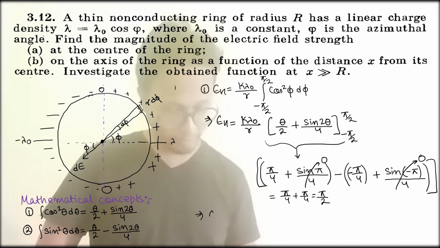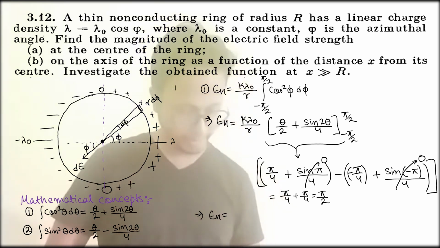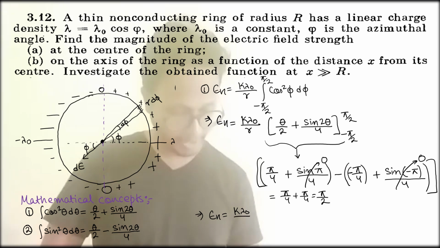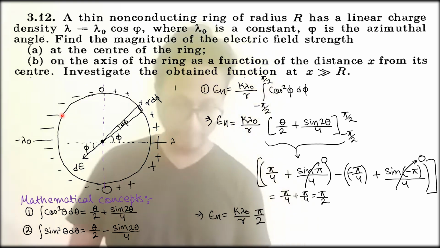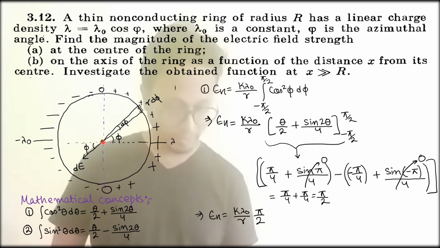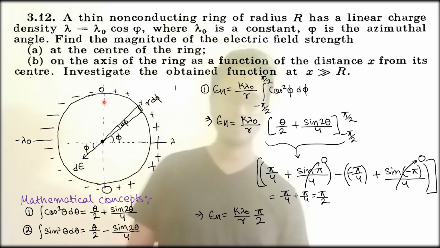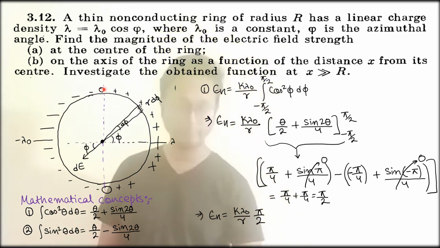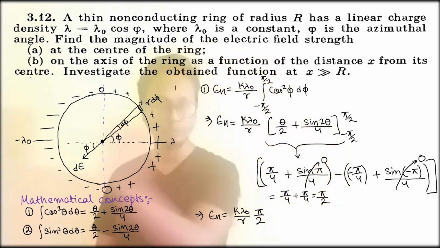So the horizontal component of electric field due to this much length of wire is k lambda naught by r into pi by 2. Now if I see this much part of the wire, due to symmetry, the horizontal component of electric field due to this part will be the same in magnitude as that due to this part. The positive part is pushing it towards the left and the negative part is pulling it towards the left.